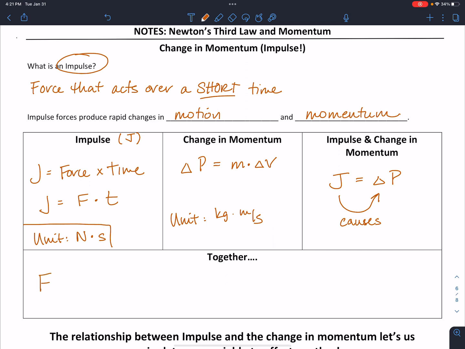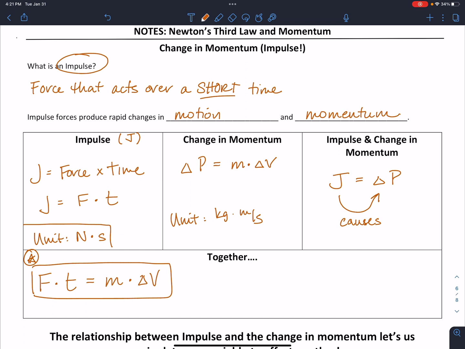So the impulse formula, force times time, is equal to the change in momentum formula, mass times the change in velocity. All right. So this formula is really useful. It lets us look at how time, mass, and velocity changes are influenced by force and how force can influence those variables as well.